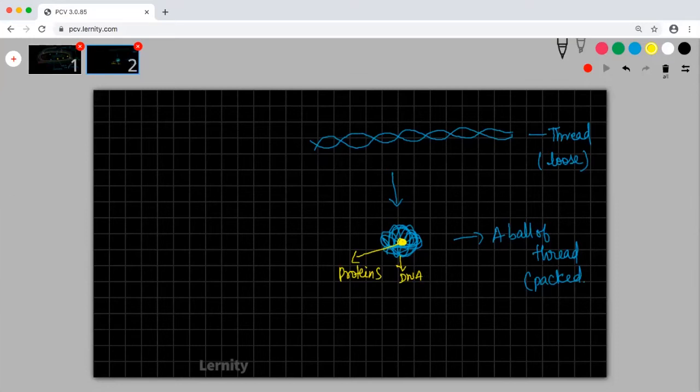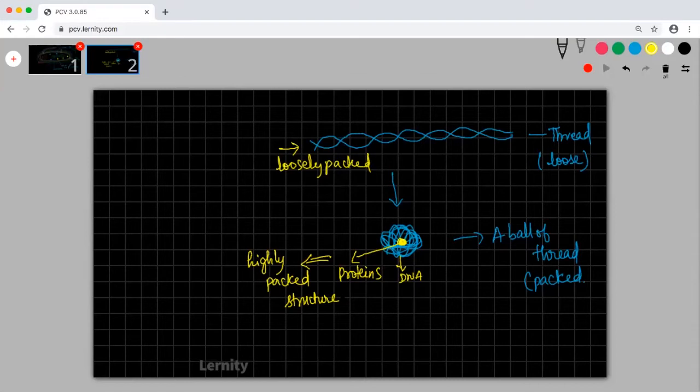So DNA is a very loosely packed structure, whereas chromosome is a highly packed structure. DNA will not have protein. DNA is just a DNA.